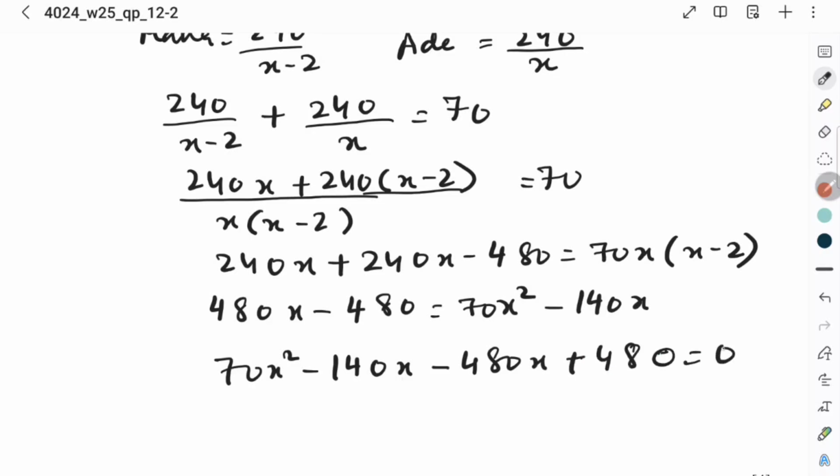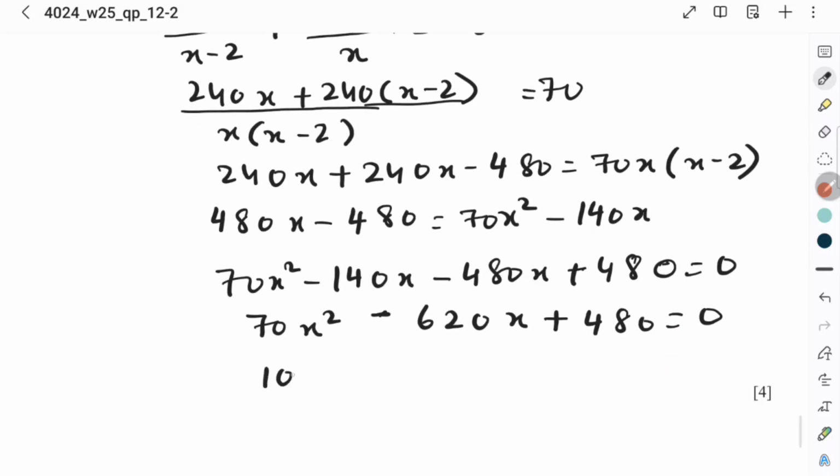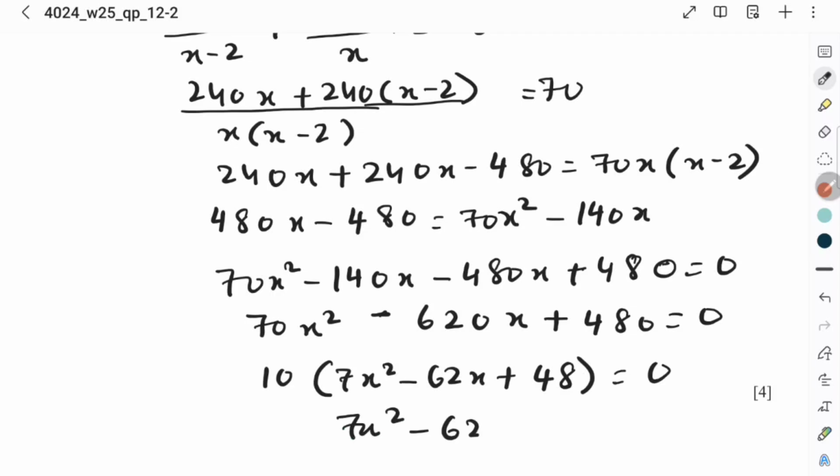And then 70x² added together, that will become −620x + 480 equals 0. And then you can take common 10, 7x² − 62x + 48 equals 0.